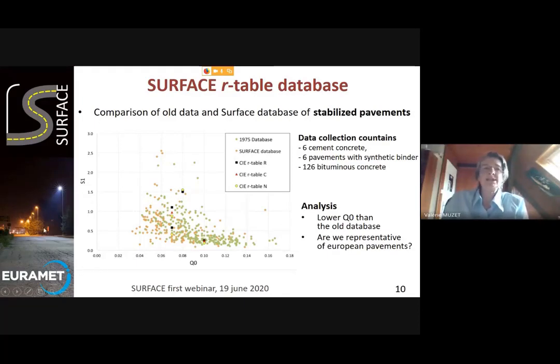However, our aim in the Surface project was to propose new typical pavements, to have a big database. But the problem is that we only have data from Switzerland and France and a small amount of data from Nordic countries, but we have no data from the south of France, from the south of Europe.